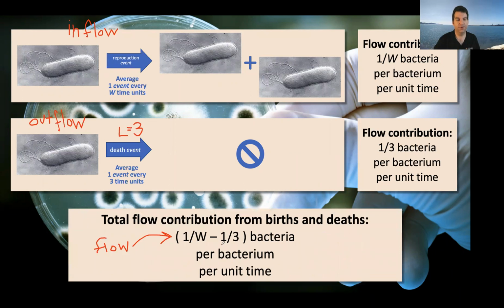So this here, 1 over 3, you could also call that 1 over L if L is our parameter that's keeping track of the average lifetime of a bacteria. So that instead of saying DT over W, you just take this flow expression here and multiply that by DT instead. And then you run the simulation and it works the same way.